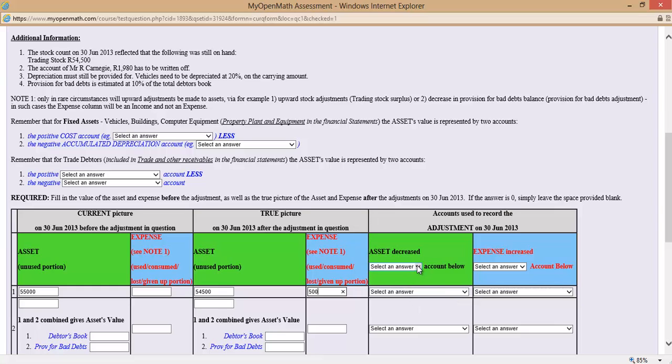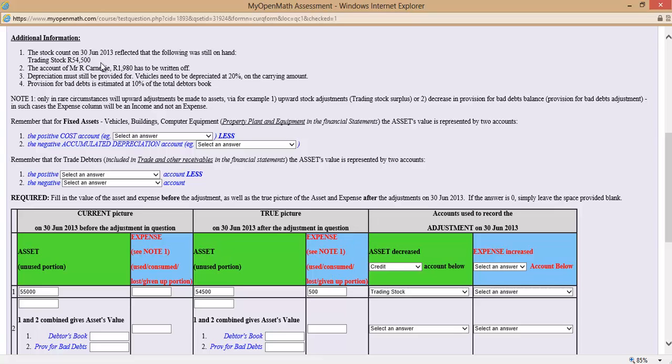Okay, so my asset decreased. If an asset decreases, we need to credit the account below, and the asset that decreased here is trading stock. So we're going to credit the trading stock account for this adjustment. For the expense side, because the expense is increasing, because we are losing, using, consuming, giving up, if any of these things are happening, then we need to record an expense.